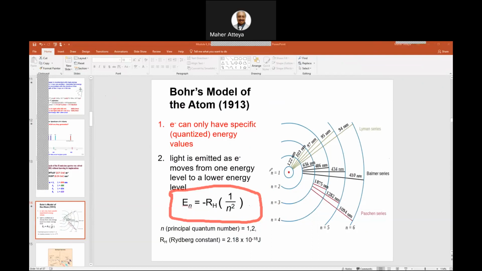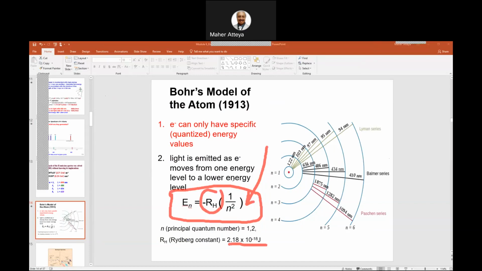So I wanted to put this one here in your flashcards, on a piece of paper. It's handy. That's the Rydberg constant, and it's given to you as is, this one here. And the principal quantum number, that's the energy level. Those are the orbital energies, the orbitals around, carrying those electrons.